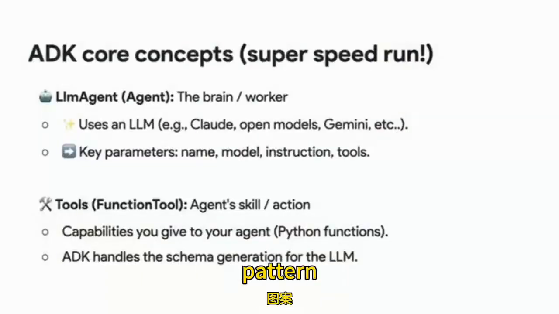But the simplest pattern is the LLM agent, which essentially uses just an LLM to build the agents. This class represents the brain of the agent, and it supports several models, including Claude. Essentially, it requires you to set the model, give the agent a name, some instructions, and define the tools that you want to use. And then after you've done this, you get your agent up and running.